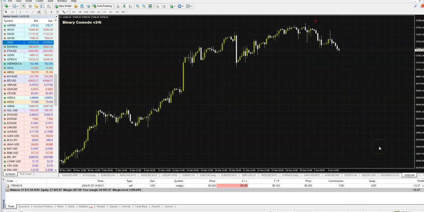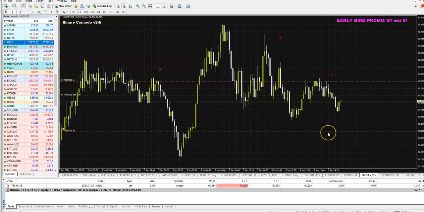This is a pretty conservative system. You will not have so many signals, except if you use a very low time frame like M5. Honestly, I don't use M5. I put M5 here just to show you how it works.